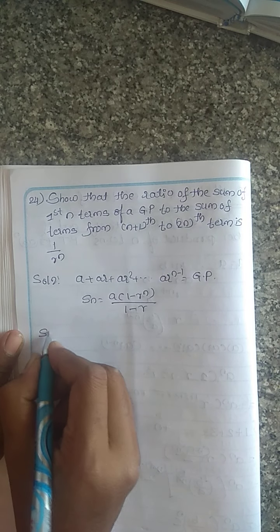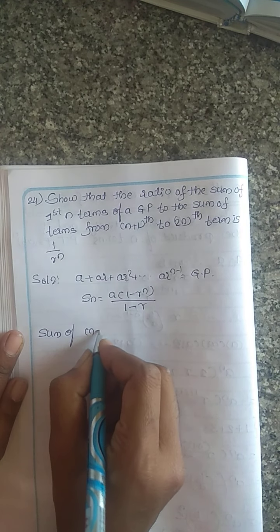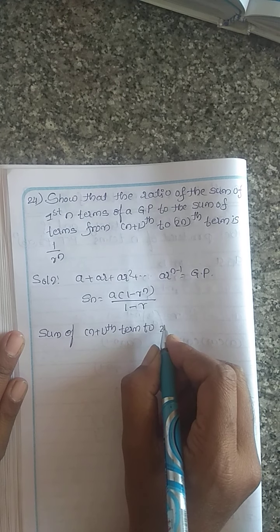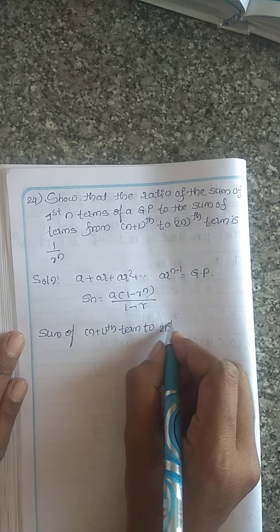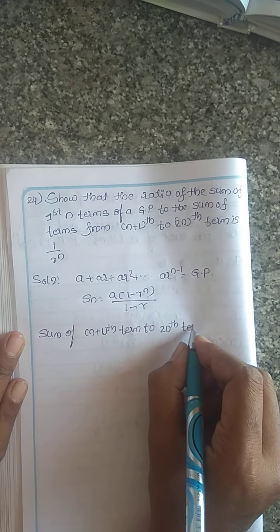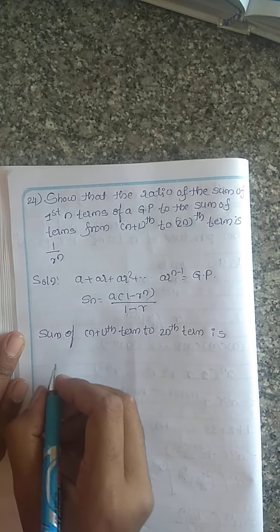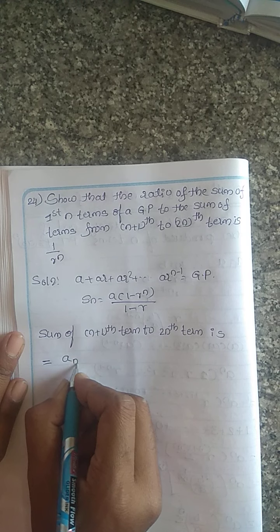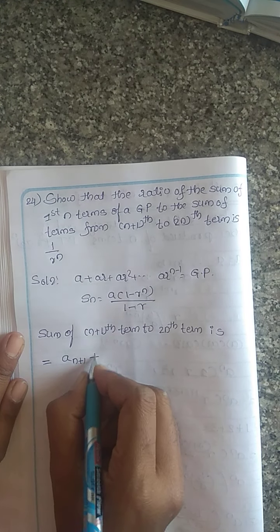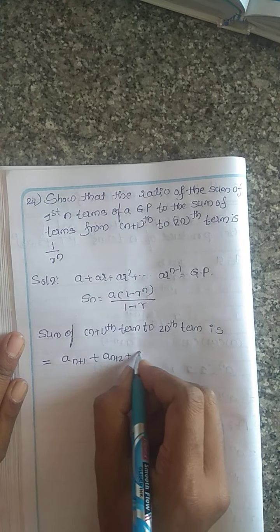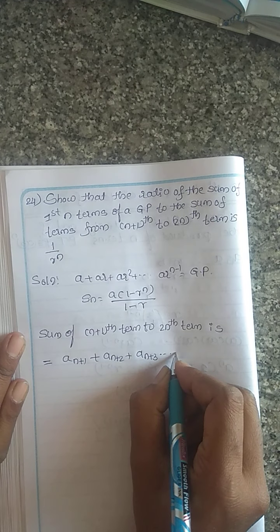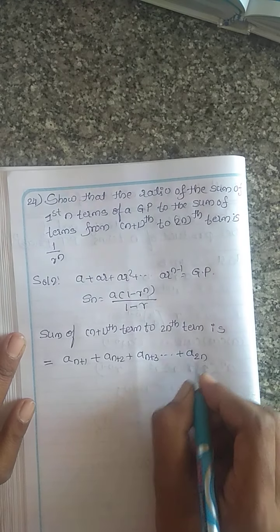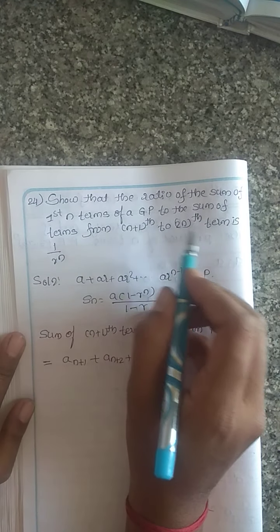So now consider the sum from the n plus 1th term to the 2nth term, that is a(n+1) plus a(n+2) plus a(n+3) and so on up to a(2n).